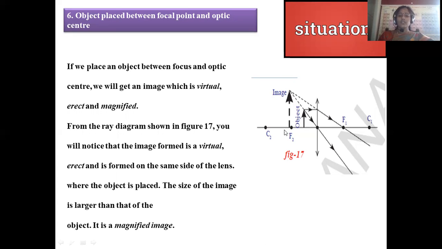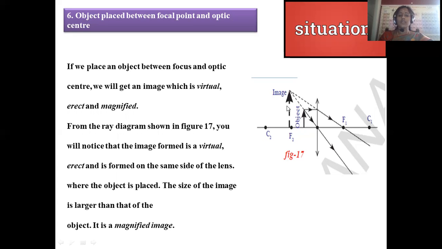What's the condition here? You can clearly observe the image formed at a distance. When you compare the size of the object and the size of the image, it is many times larger. Here you get an image that is larger, but it is virtual, because it is not formed on a screen.